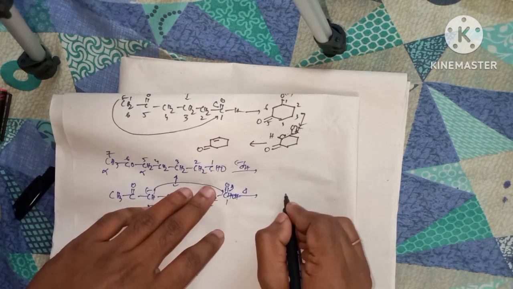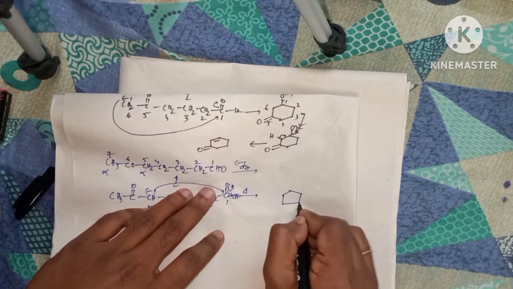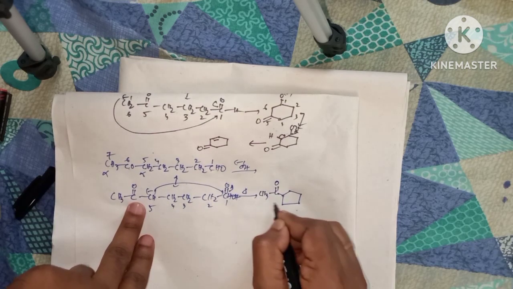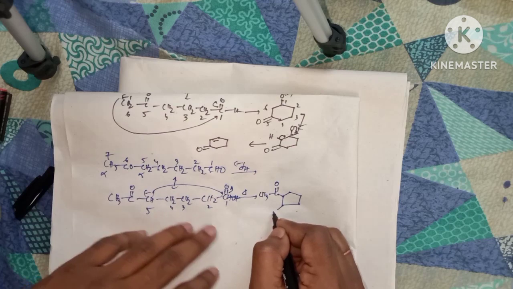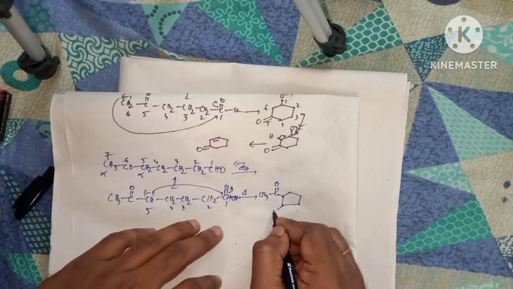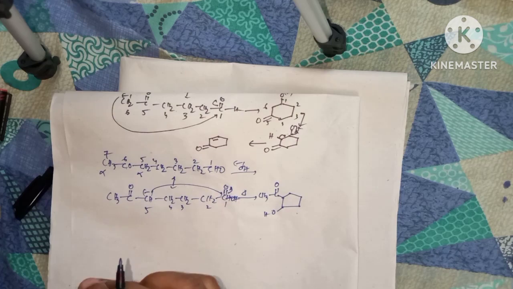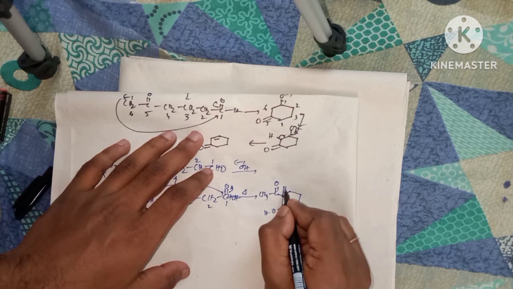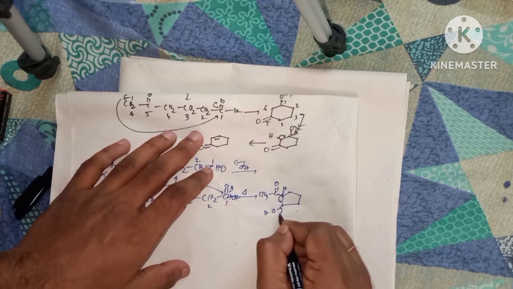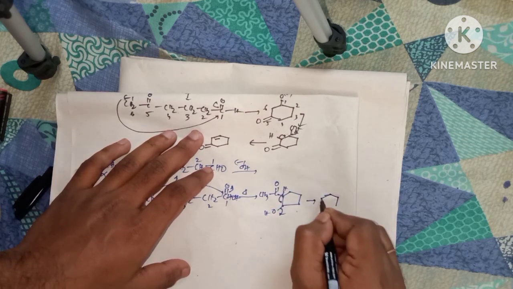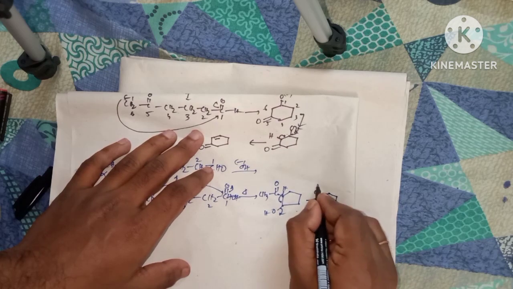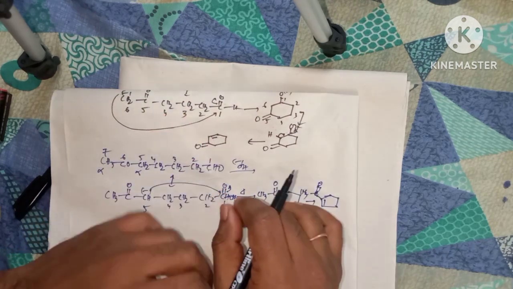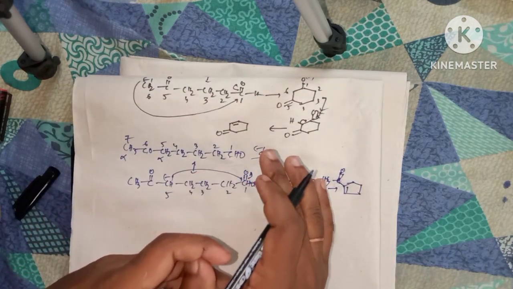It forms C double bond O CH3, and here is an OH, and there is one hydrogen on this carbon. It forms a 5-member ring with C double bond O CH3. So that's it, the intramolecular aldol condensation reaction. This is very simple.